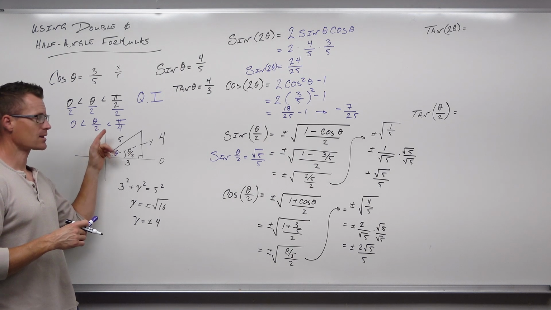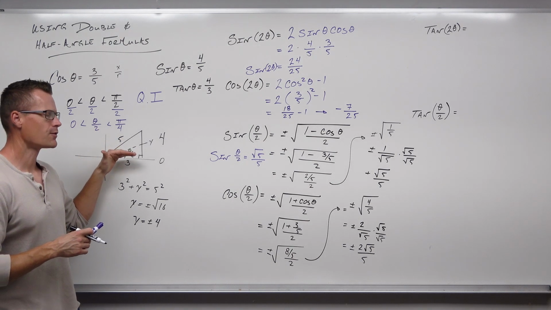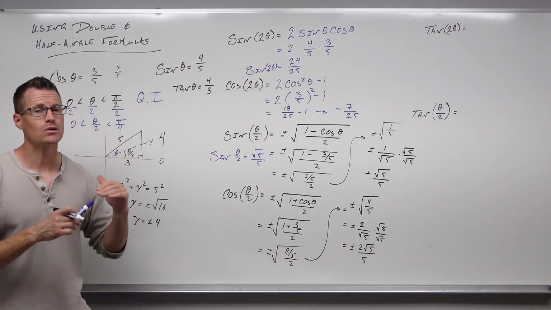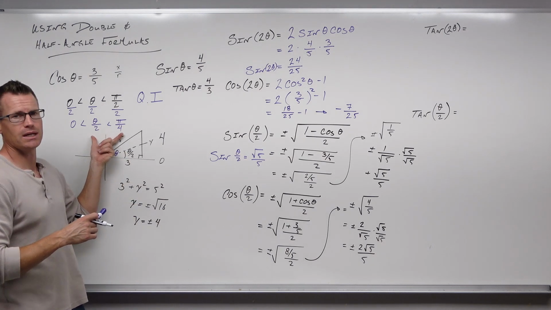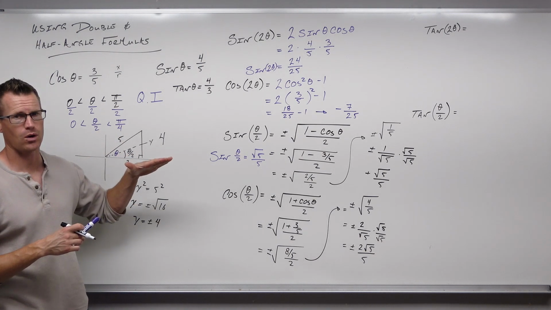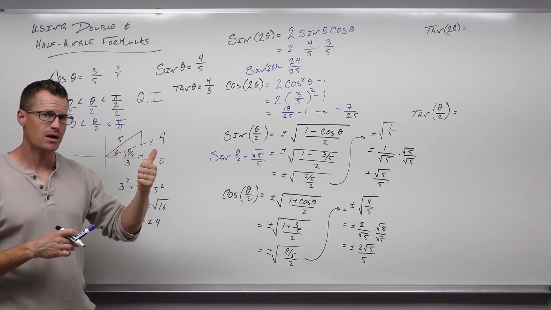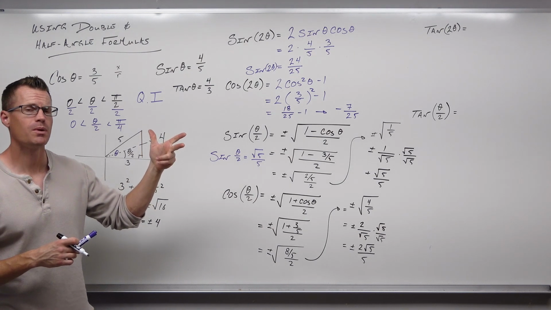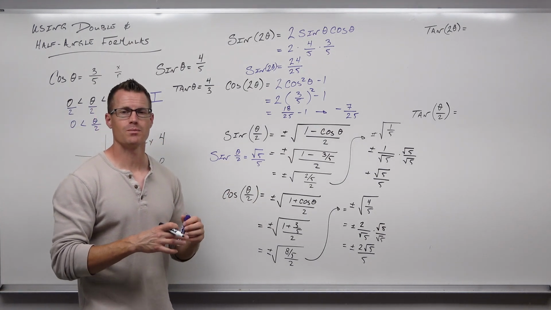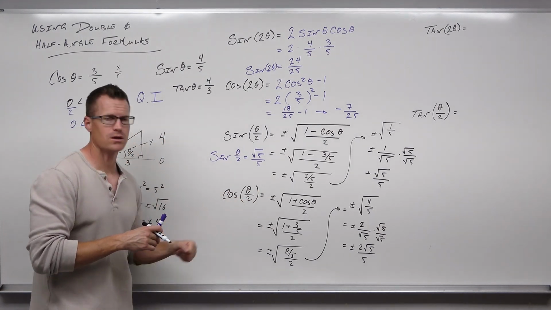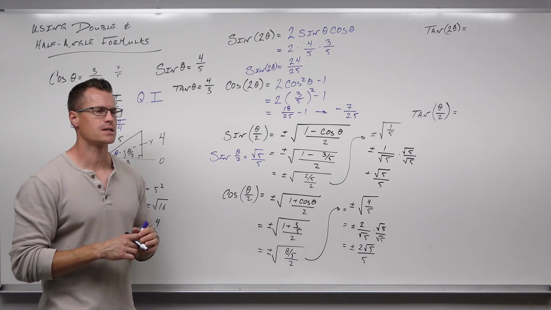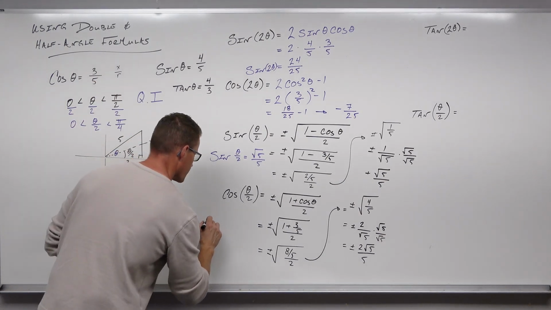That's what we showed mathematically. That's what we saw in our graph. But in either case, it's still in quadrant 1. This is still in quadrant 1, just half of that quadrant. What that means is sine was positive, but cosine and tangent are also positive. So we're going to pick the positive one because this angle here, alpha, theta over 2 in our case, is still in quadrant 1.